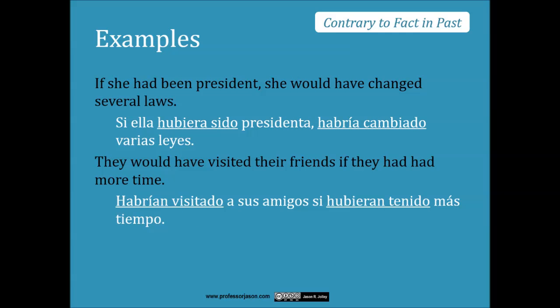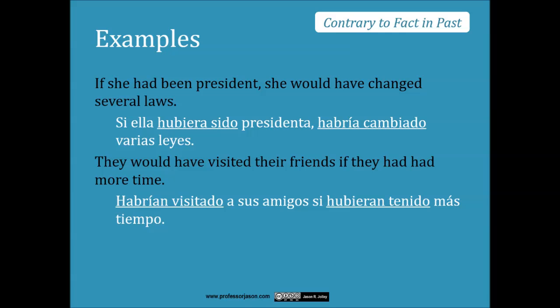And let's look at a couple more examples of this fourth, more complicated category, right? If she had been president, again, not if she were president, but if she had been president, completely counterfactual in the past. If she had been president, she would have changed several laws, but she didn't because she never was president, right?